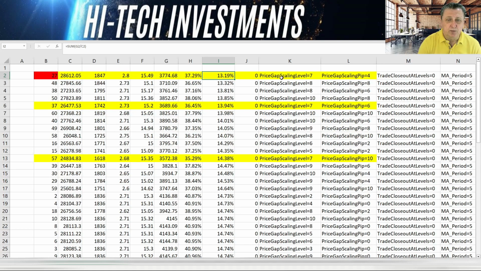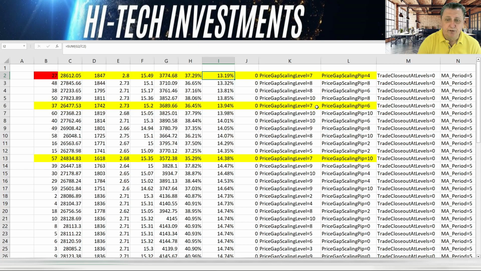So far we can see that price gap level 7, meaning after the first 7 trades, we scale it up with 4 pips each time. There are other ones that might also be good. We can see a couple of 8s, a couple of 10s, and some 5s, but it looks like most of the ones, especially in the beginning, have to start from at least 6, maybe 7.